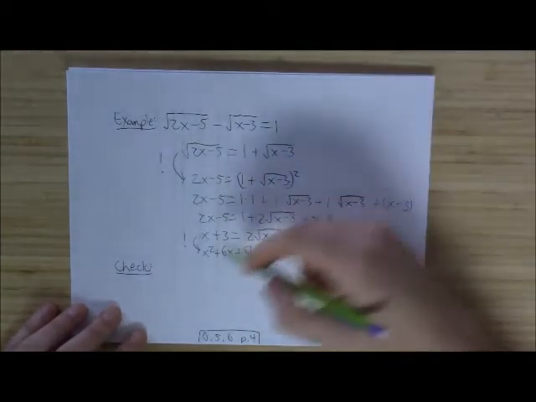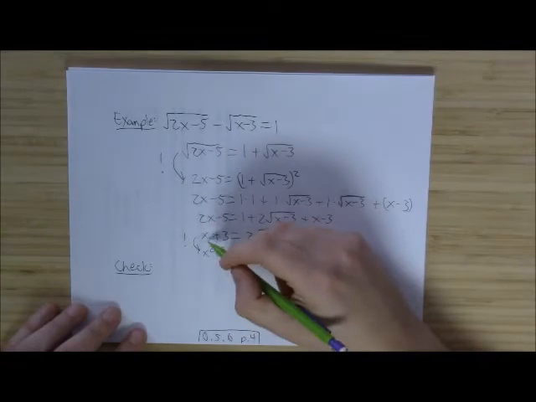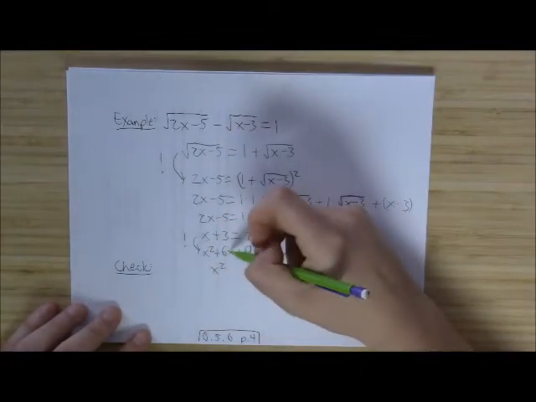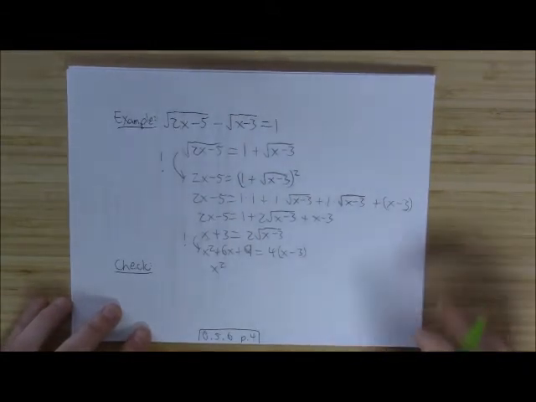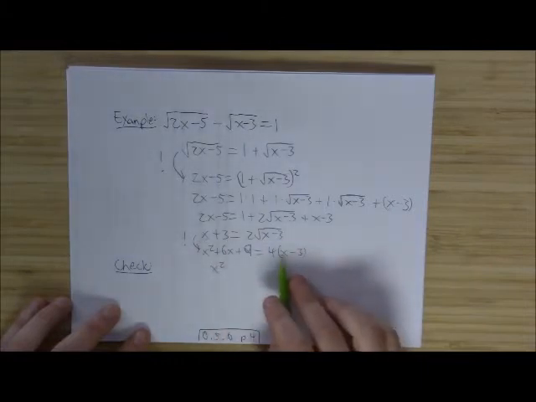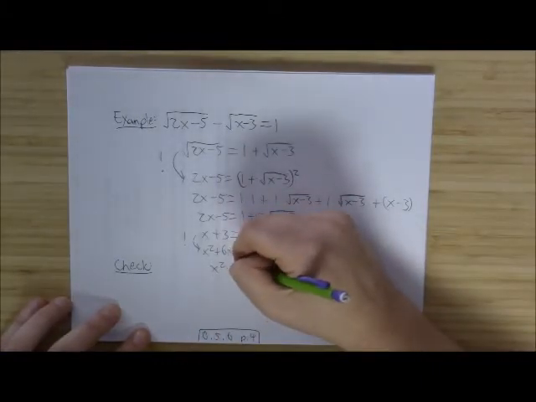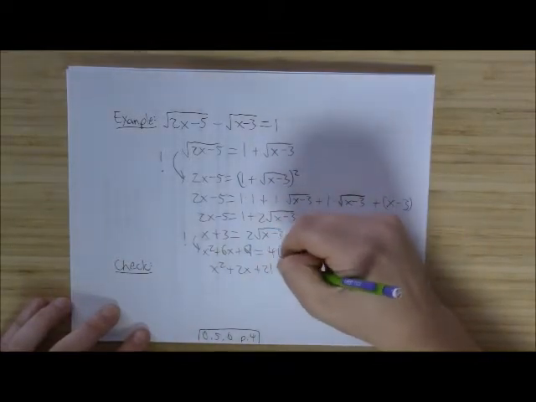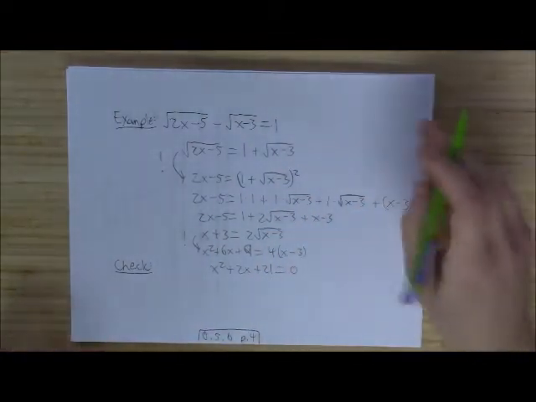So now we distribute out. We get x squared plus 6x plus 9. We distribute the 4 and bring it to the other side. So we'd have 4x, subtract that from there, you get plus 2x. Here you'd have minus 12, add that and you get plus 21 equals 0.